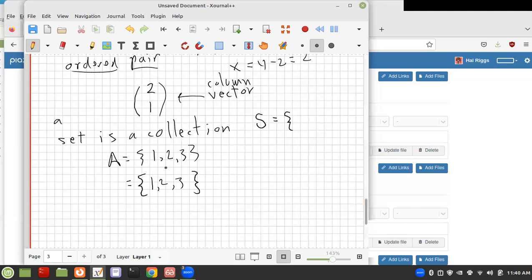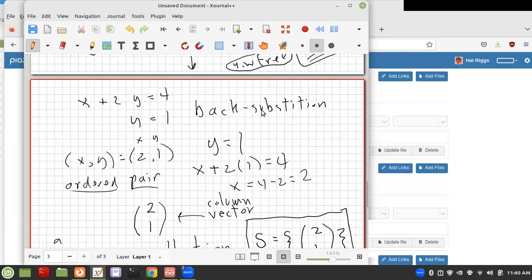We use curly braces to enclose the elements or members of a set. If I write them more clearly, they look sort of like this. So here, we're going to write the solution to this first linear system as a set of vectors. Okay, so let's see.